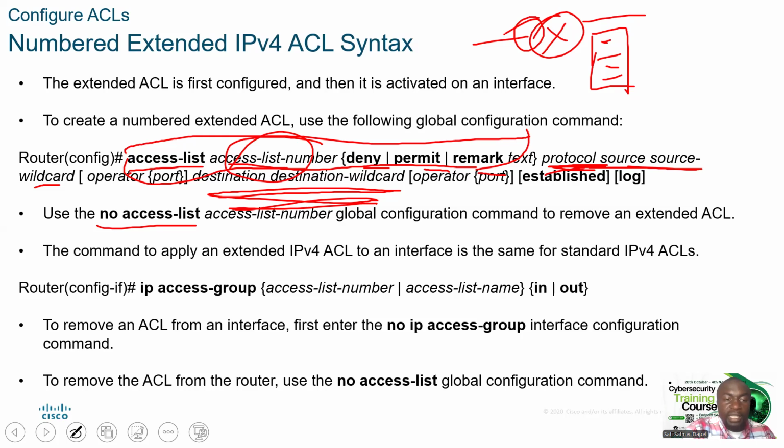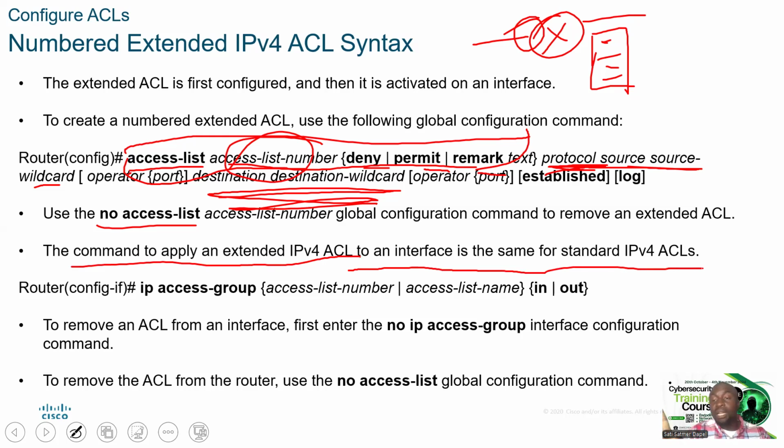The command to apply the access control list to an interface is the same for both standard and extended. So what is the command? You have to go to the interface mode, that's why you see config-if. In interface mode, you just type ip access-group, then you give the access list number if it is a numbered access list, or the access list name if it is a named access list.